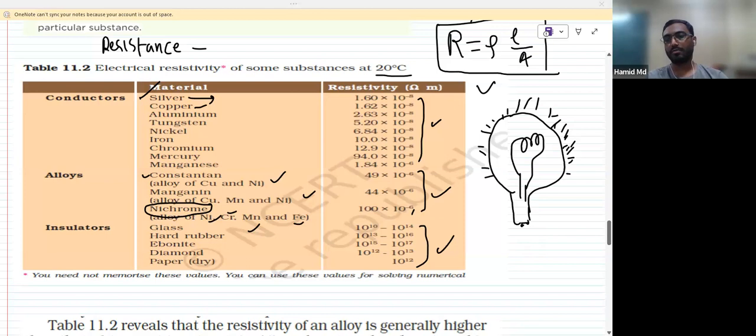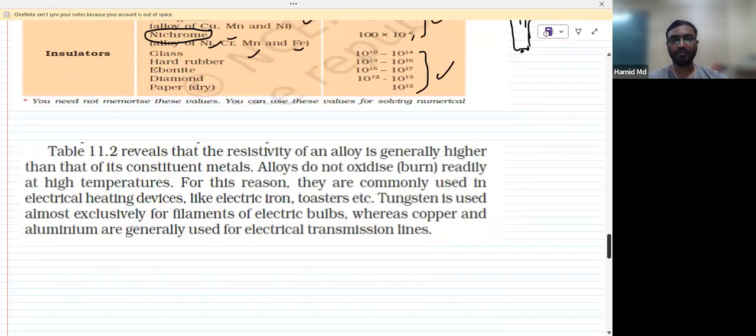Now this reveals from the table that the resistivity of an alloy is generally higher than that of its constituent materials.